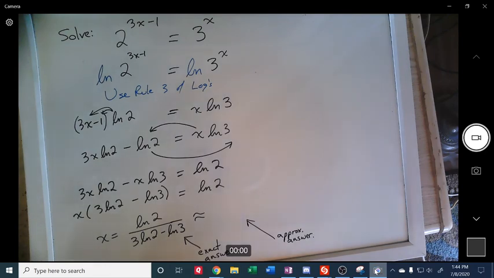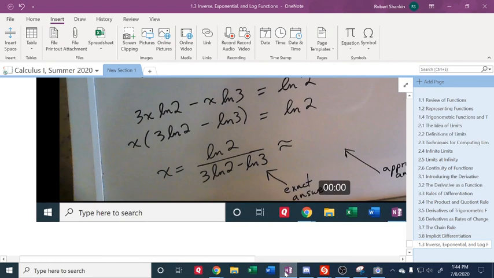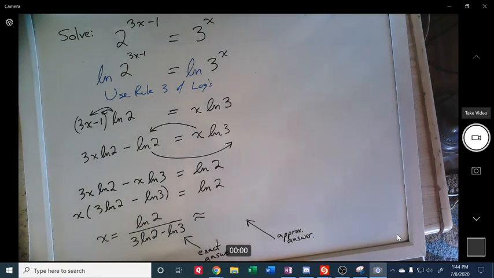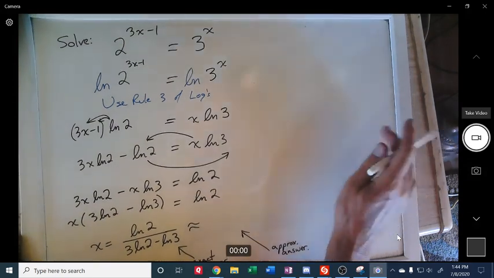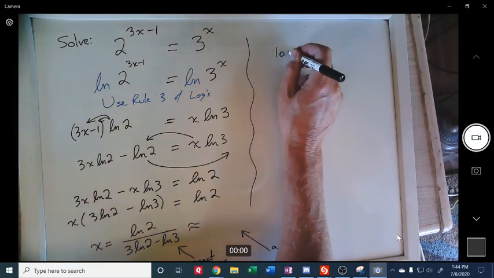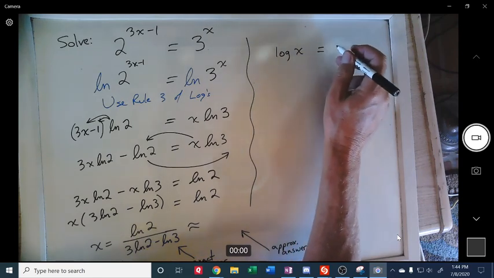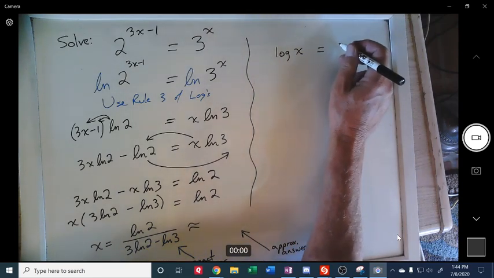And now, print. All right, real quick, if I had this equation over here, so I started with log x equals 3.